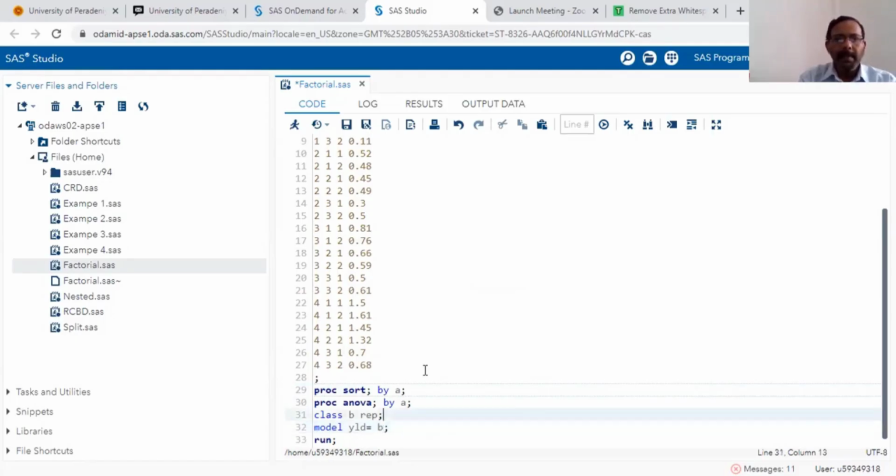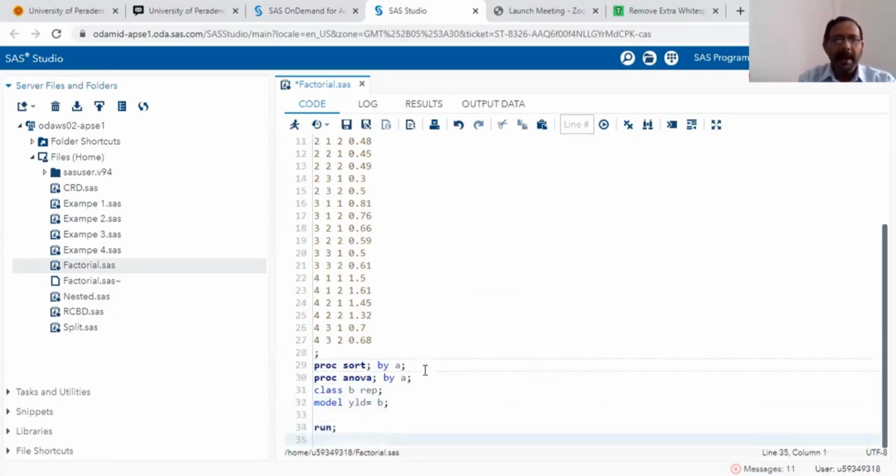We have a setup like this. Can you all see the program?